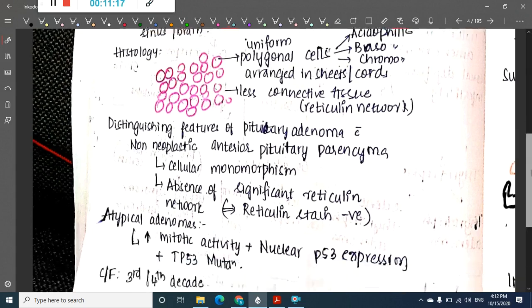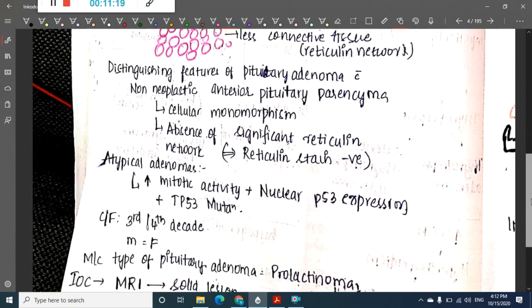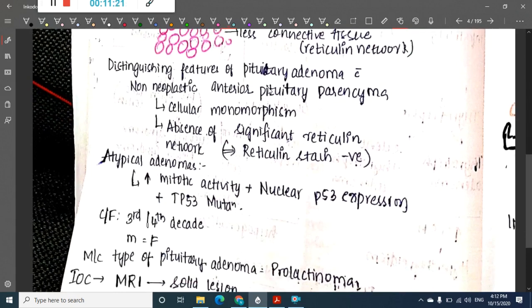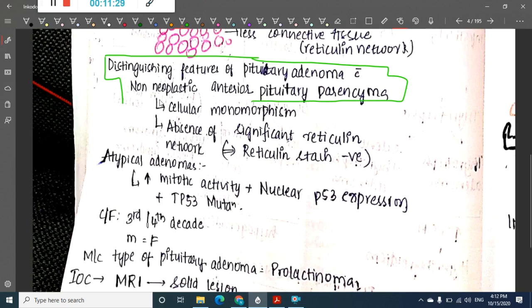The main distinguishing feature between the pituitary adenoma and non-neoplastic anterior pituitary parenchyma is cellular monomorphism and absence of significant reticulin network, that is reticulin stain being negative. How are you going to distinguish the pituitary adenoma from non-neoplastic anterior pituitary parenchyma?